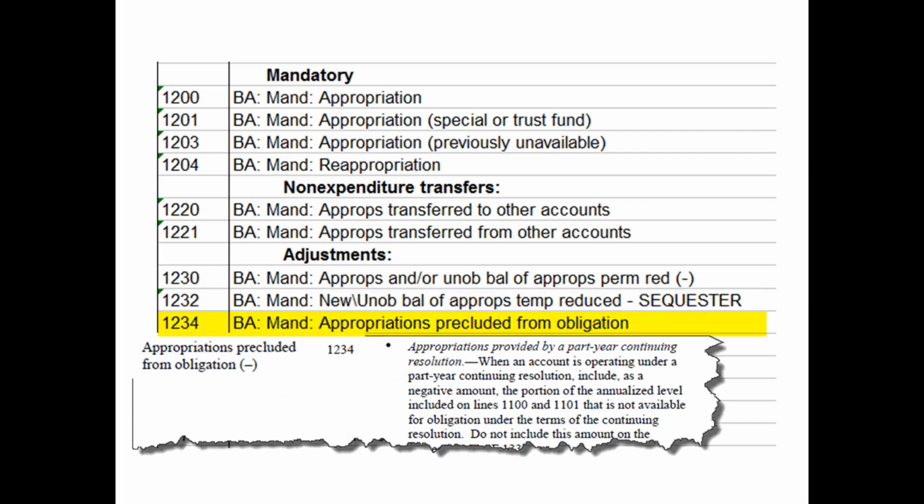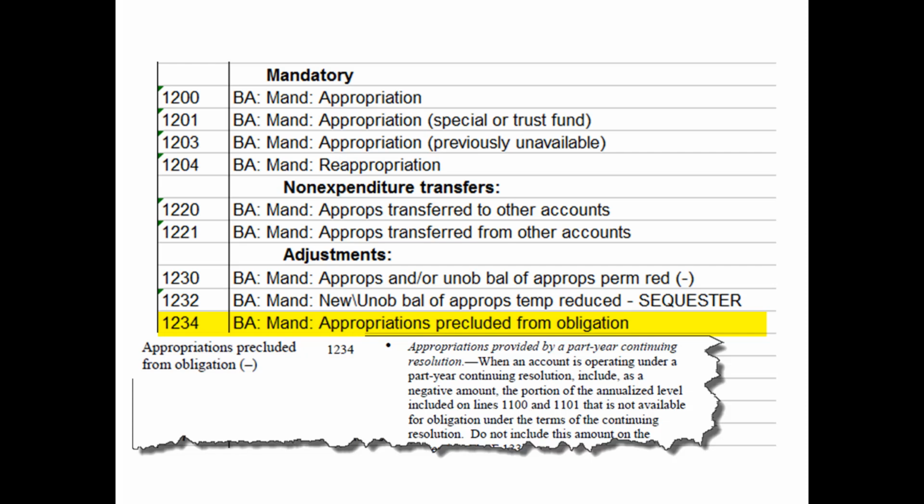Line 1234, amounts precluded from obligation, is used the same way line 1134 is used in the discretionary section. That is, to identify the portion of the annualized level included on line 1200 that is not available for obligation under the terms of the continuing resolution. For some reason, the current A11, as of the creation of this video, omits line 1200 from its descriptive text.